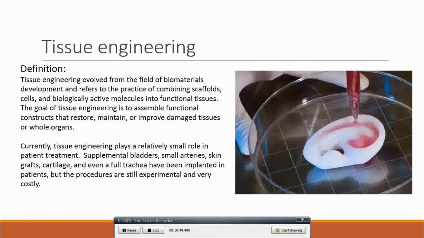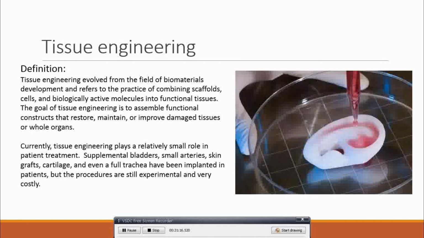Maknanya restore balik, ataupun maintain, ataupun improve the damage part. Kan ni kan orang lebih minat pada cosmetic surgeries, pergi pada cosmetic surgeries yang tidak meninggalkan orang kata apa, kesan-kesan, tak ada marks, orang kata tak nampak, baru buat pembedahan tapi tak nampak kesan pembedahan tu.